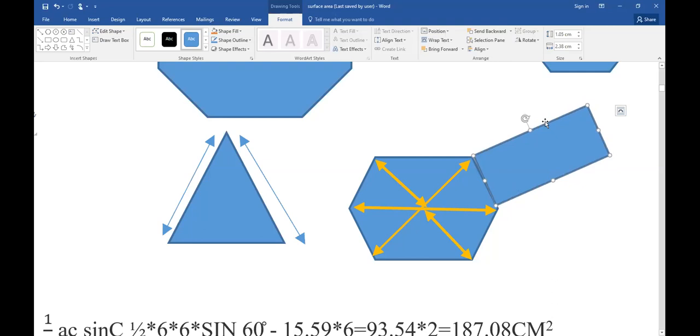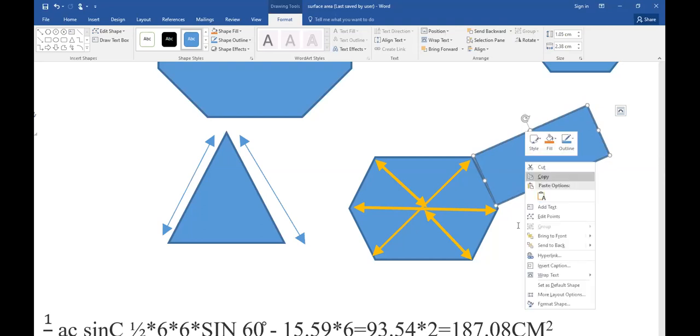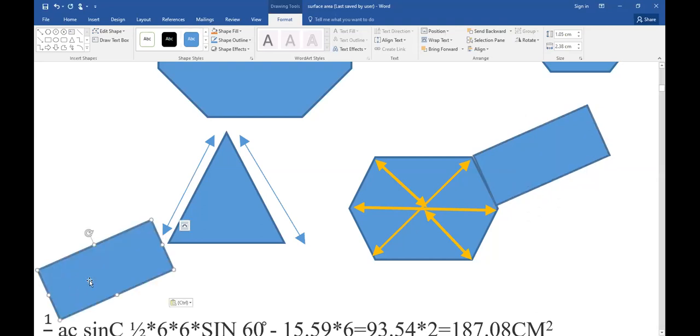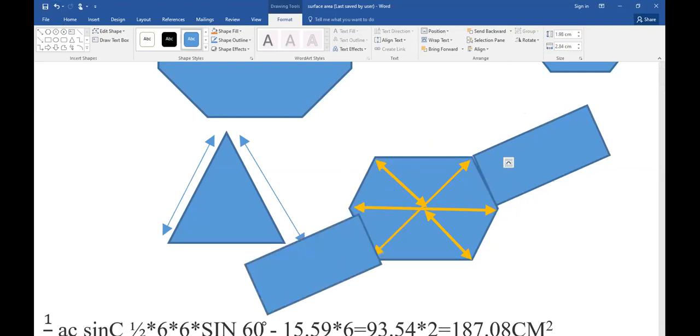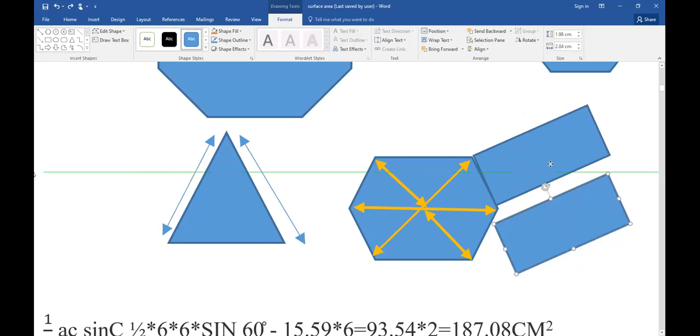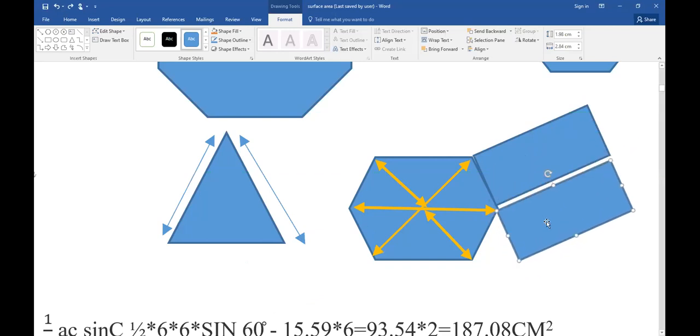Good. So that is how it looks. I copy, I put another one here. I rotated this one.